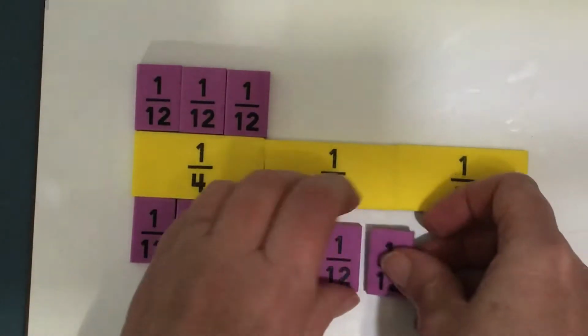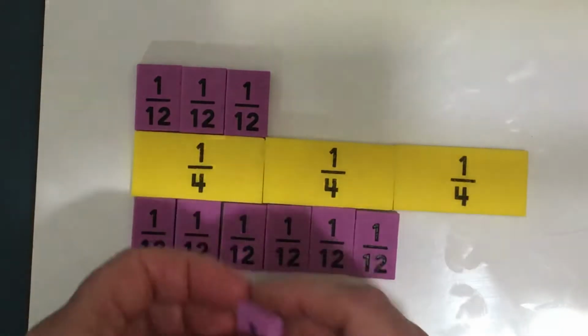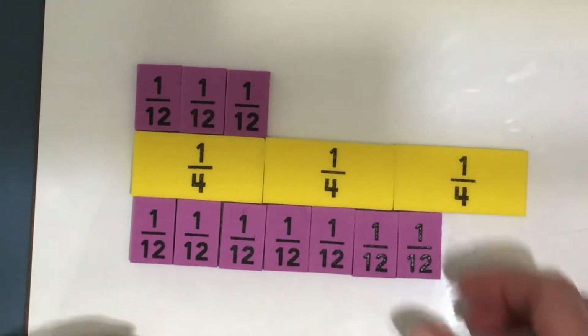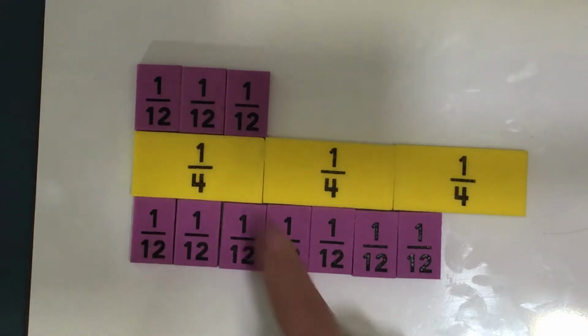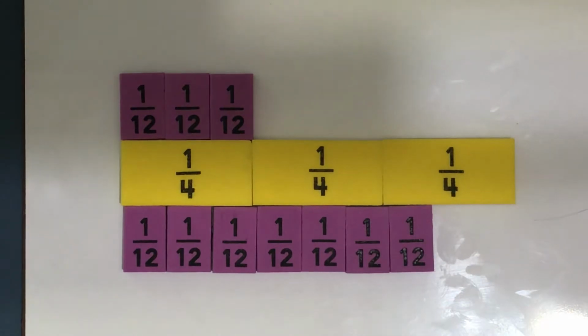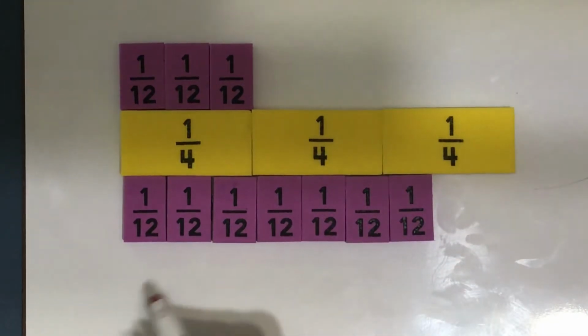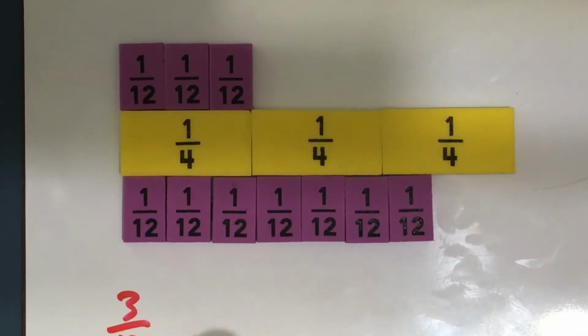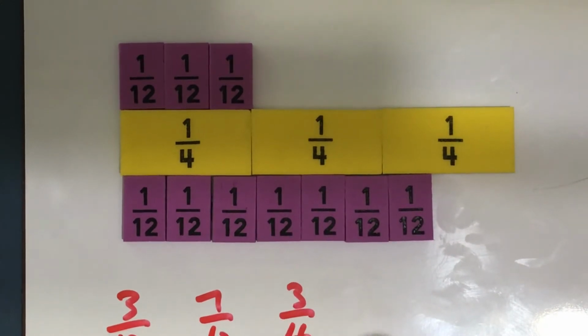But it's 3/4 I'm not sure about, so that's what I need to check. So I can see that 3/4 is larger than both 3/12 and 7/12. So to write these in order, from smallest to largest, it would be 3/12 and then 7/12 and then 3/4.